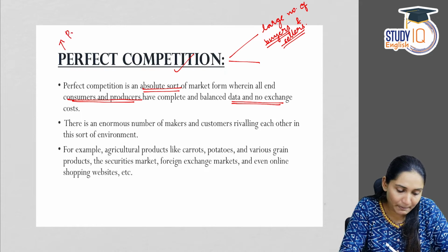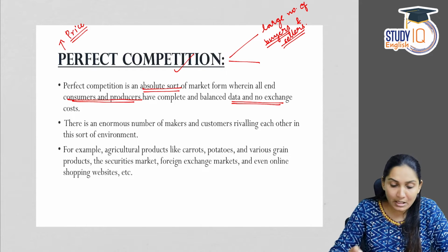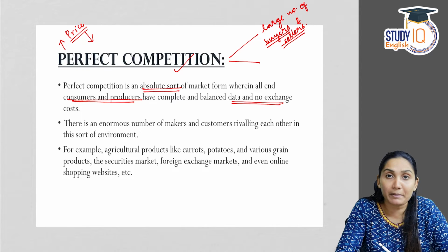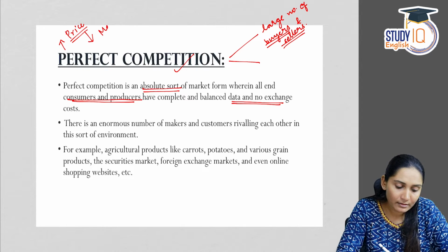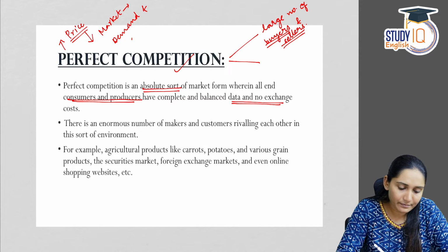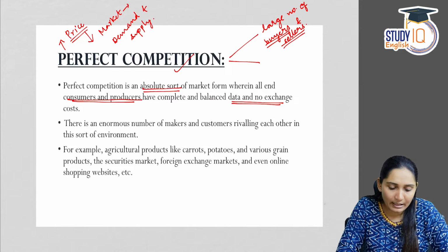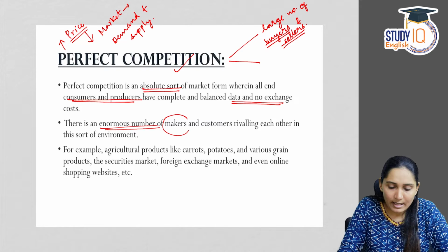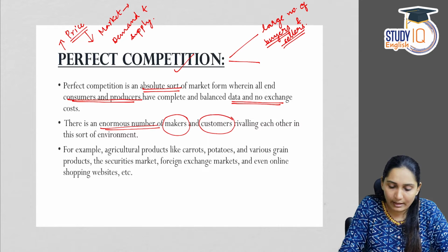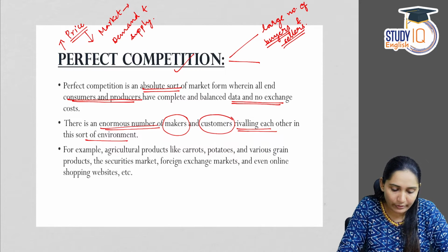So who determines price in a perfect competition? In a perfect competition, the price is determined by the market, and this is based on the factors of demand and supply. There is an enormous number of makers and consumers rivaling each other in this sort of environment.